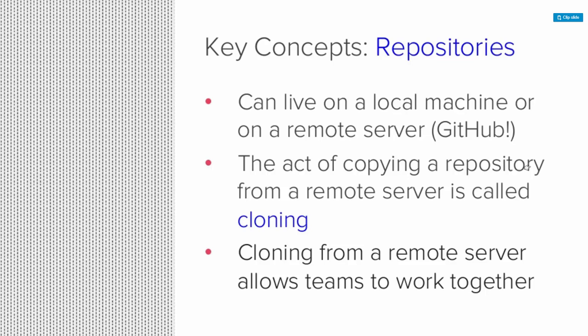If somebody has put a code repository out on GitHub, and they've made that code repository public, you can copy that entire repository if you want to do so. The act of you copying a code repository, be it yours or someone else's, is known as cloning. Another way of using cloning is to allow teams to clone the same project and each have their own copy, work on it, and then basically send their changes back into the master, so to speak.